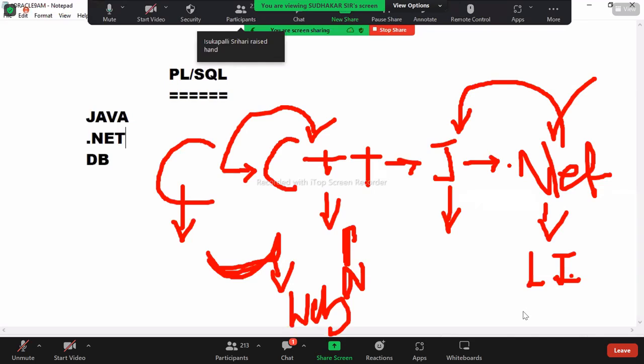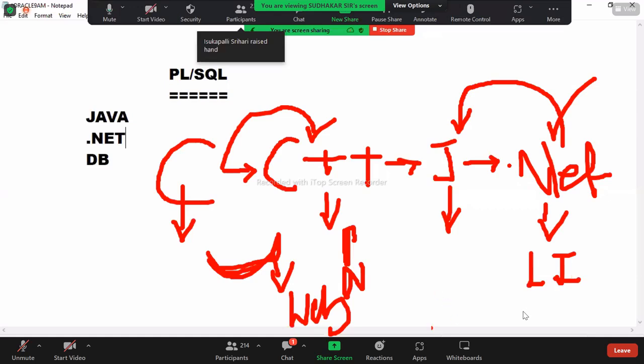I don't know the exact figure, but 32 is the minimum number of languages supported in .NET. That's called language interoperability, meaning multiple languages can be supported. That kind of facility is not there in Java.